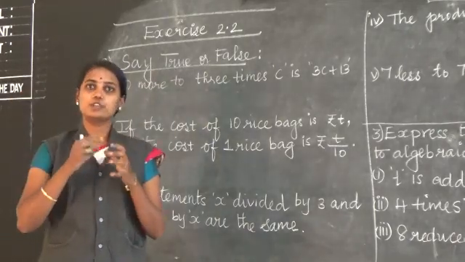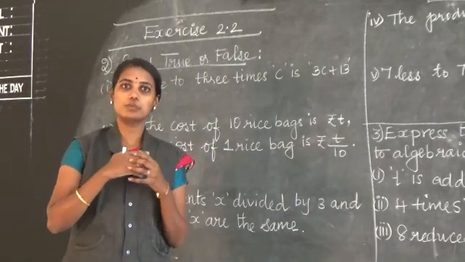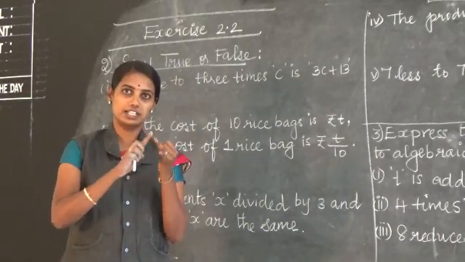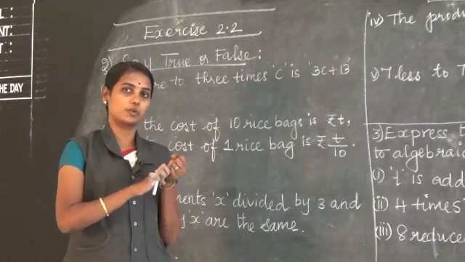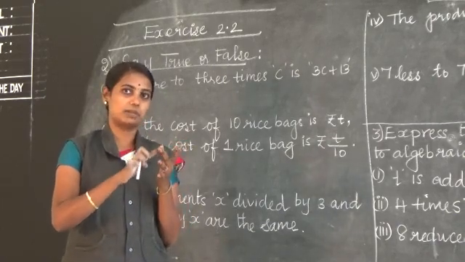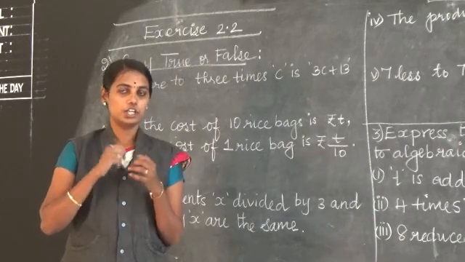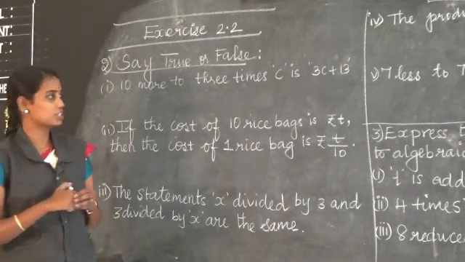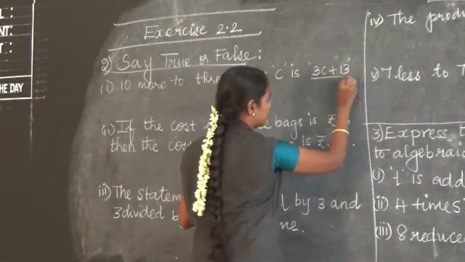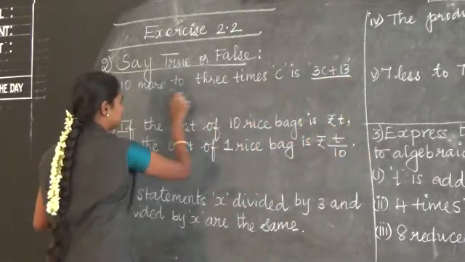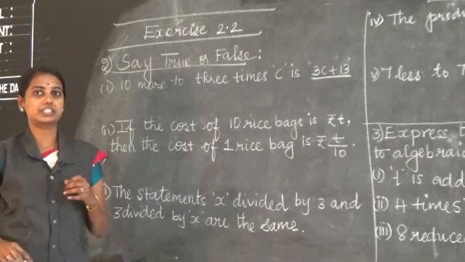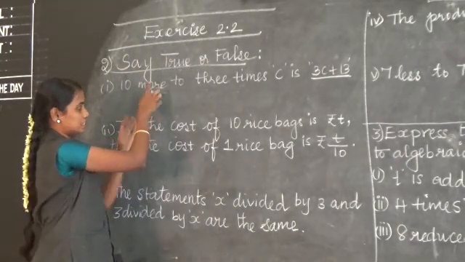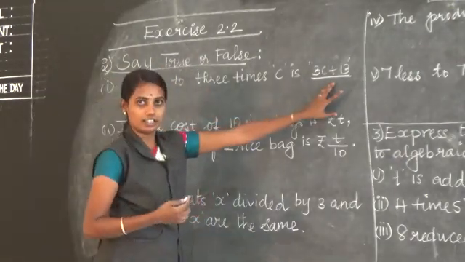Algebraic statement is use of letters, numbers with the numerical operations. Addition, subtraction, multiplication, division are called numerical operations. Letters, you know, alphabetical letters. So this is called an algebraic statement. This is word statement, okay, verbal statement. Now the verbal statement they change to algebraic statement.